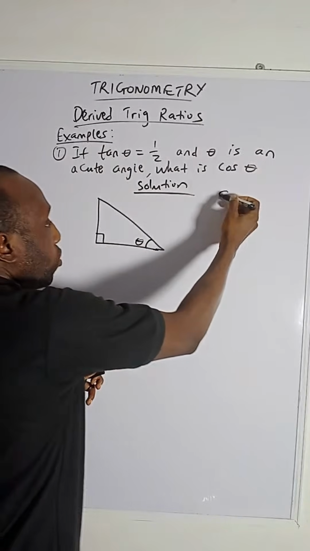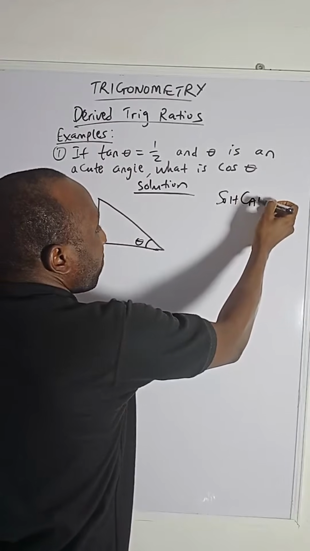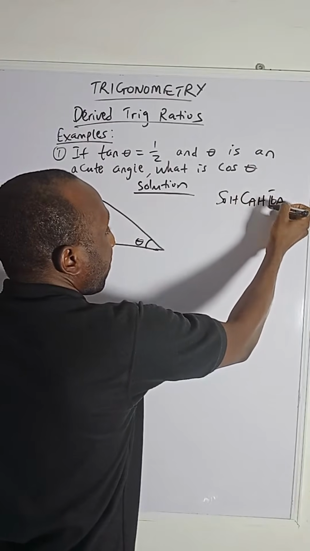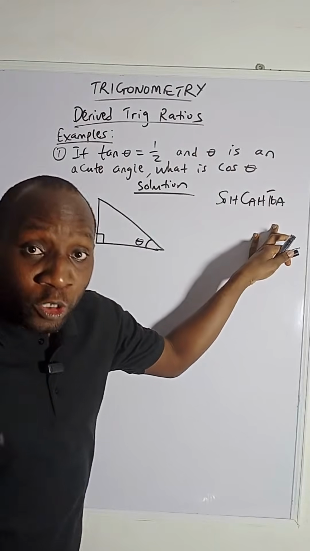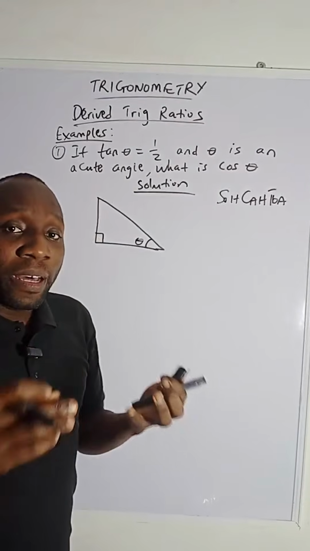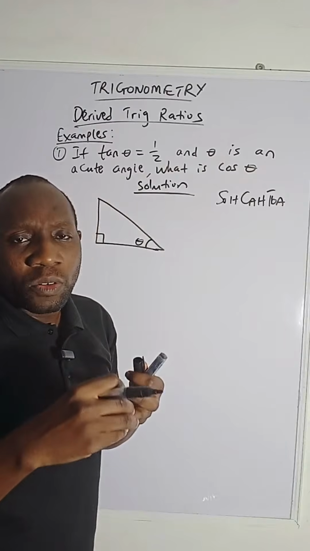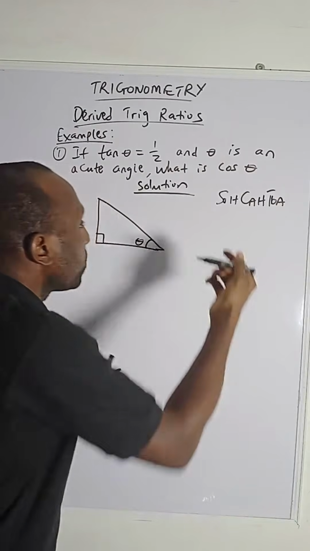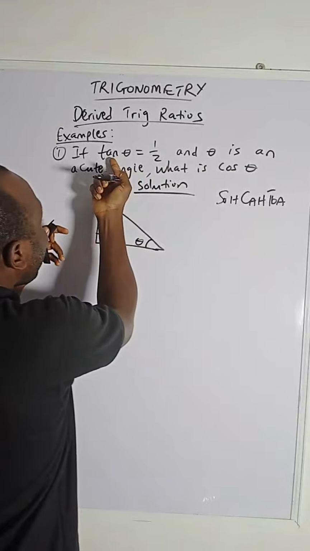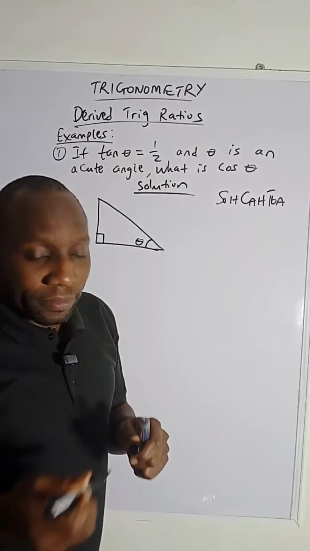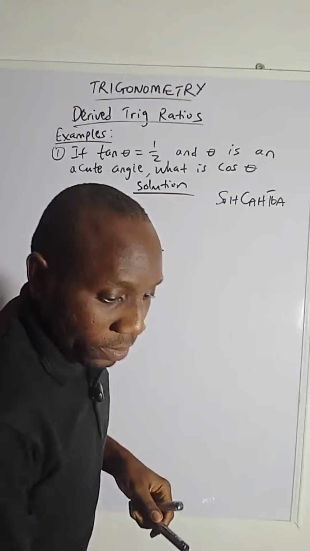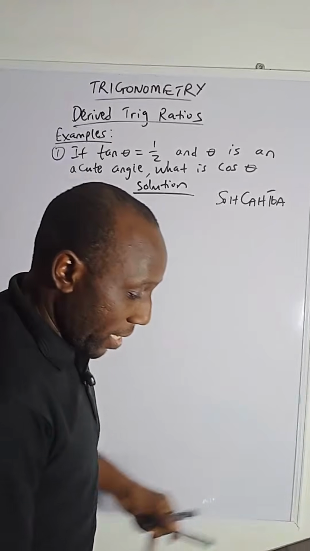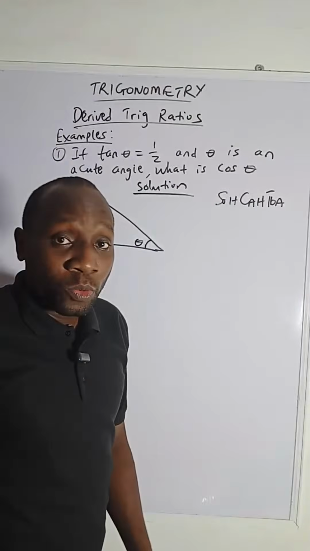And from SOHCAHTOA, if you have been with us so far, we have talked about how to use this mnemonic to remember the sine, the cos, the tan of angles. So for SOHCAHTOA, they gave us tan theta. Tan theta is 1/2, right?